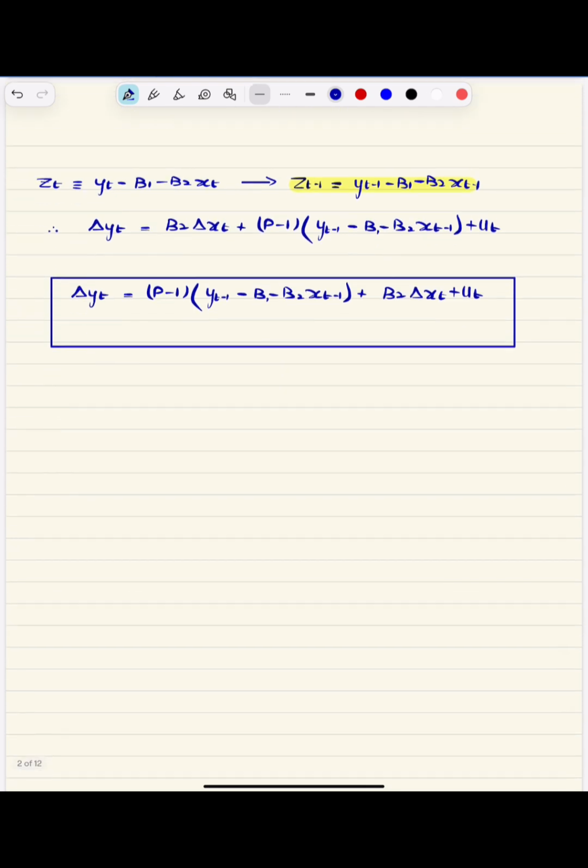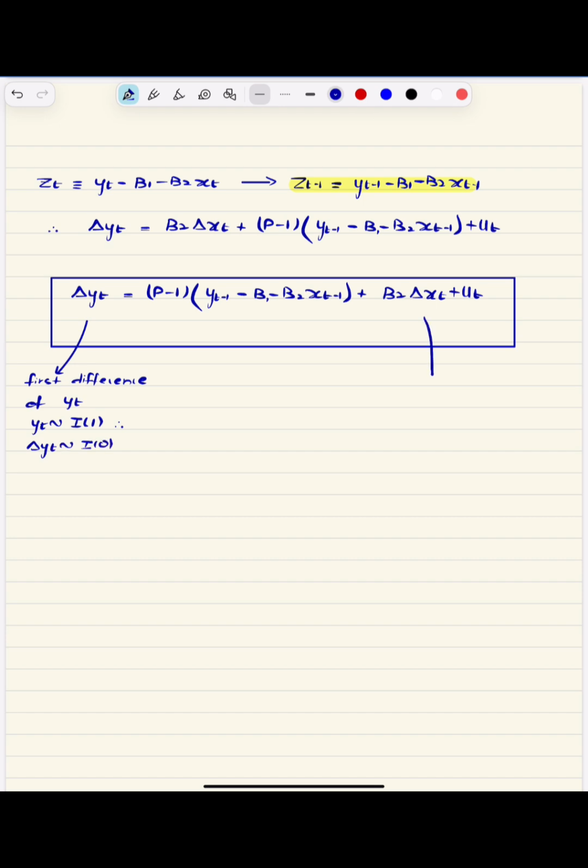So let's start labeling this. What is this? It is basically just the first difference of yt. Remember, yt itself is integrated of order 1. Therefore, change in yt is integrated of order 0.